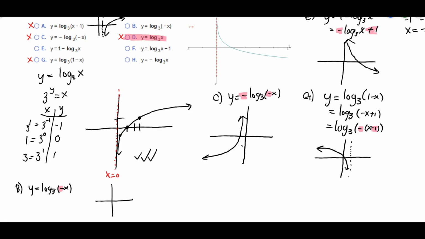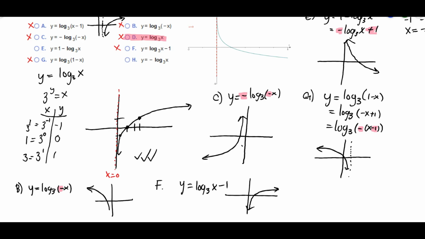So reflecting horizontally would look like this, and that does not match. Answer choice F is y equals log base 3 of x minus 1. That's a shift down. Shift down would look like this. And that doesn't match.